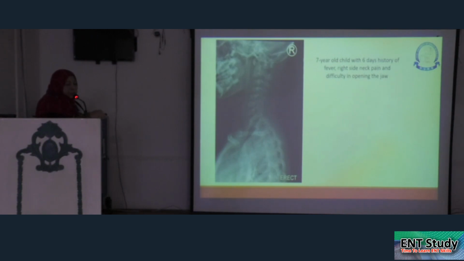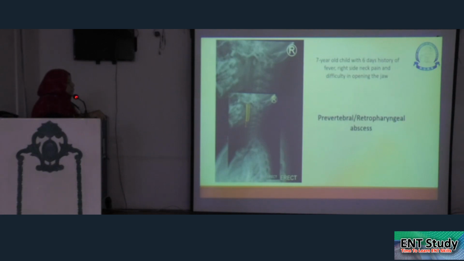So there is prevertebral soft tissue thickening. This is the diagram. This is the expected prevertebral space, but it extends up to this. So this is a case of prevertebral or retropharyngeal abscess, and this should be further evaluated.